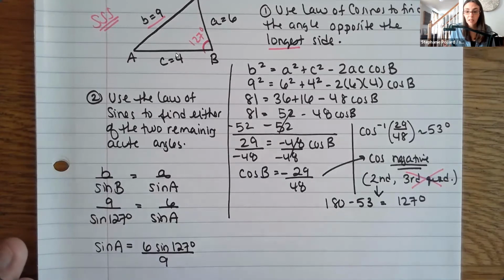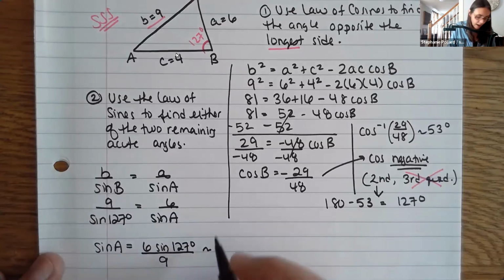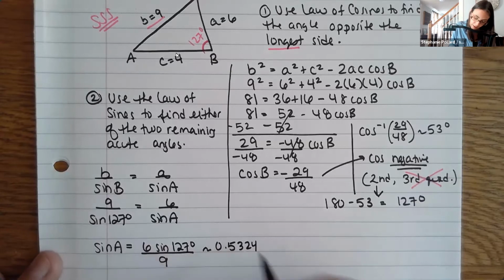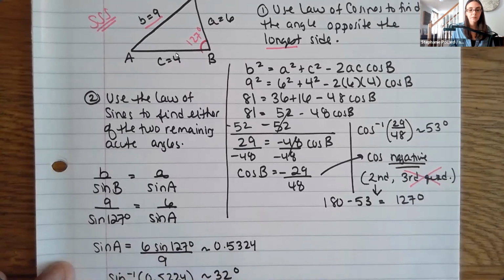You put that into your calculator as usual, and you get about 0.5324. Now, again, remember that you're looking for the inverse of that on your calculator. And when you do that, you get about 32 degrees.